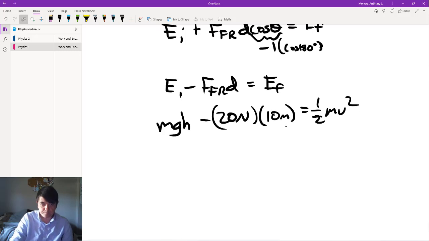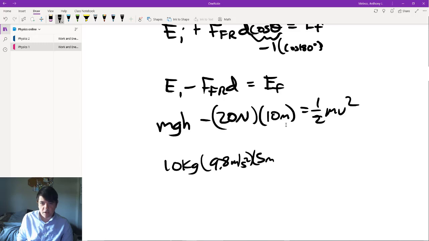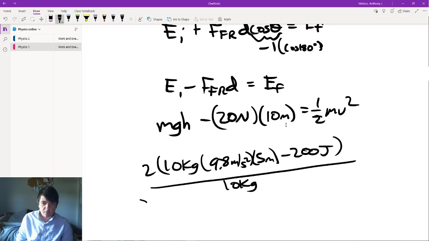10 kilograms, 9.8, height is 5. This is minus 200 newton meters or joules. And then we just need to multiply by 2, divide by 10, and take the square root.